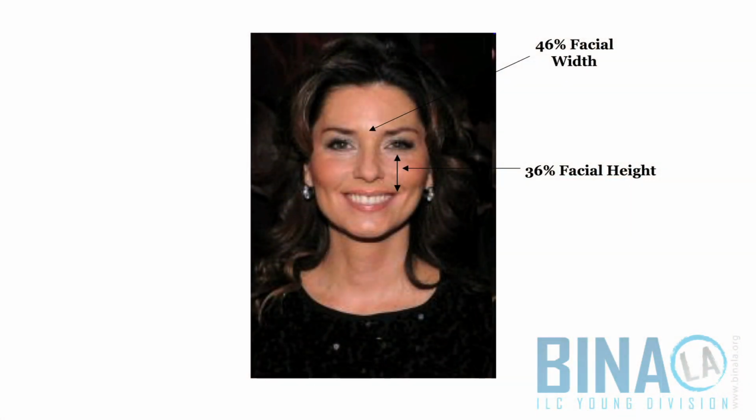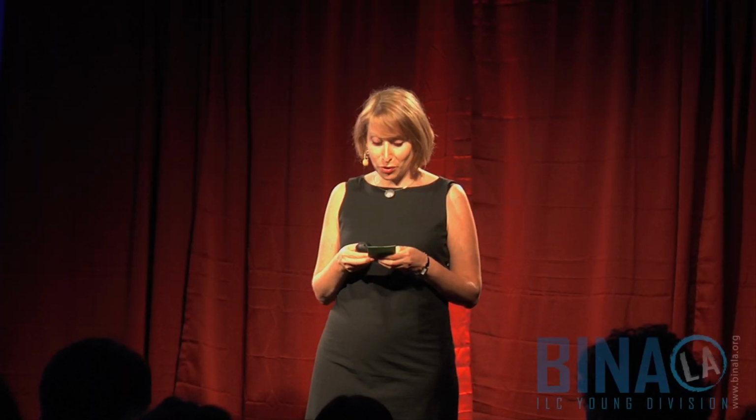Turns out that the perfect ratio is that the vertical distance between the eyes and the mouth is 36% of facial length, and the horizontal distance between the eyes is 46% of facial width. So the proportionality of your face is going to determine the golden ratio of your beauty.